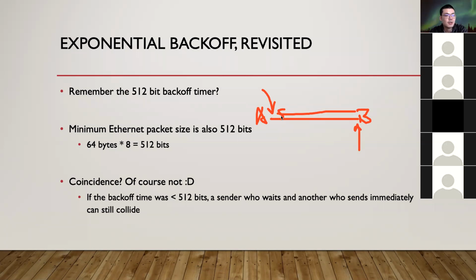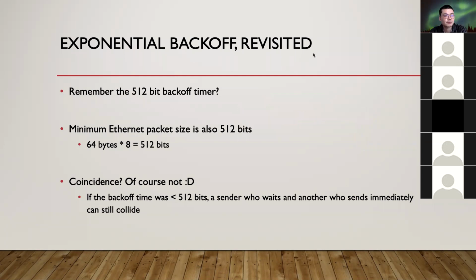If you don't allow enough time, your packet may already be out when you hear B. But if you have a minimum packet size, then the propagation time is covered, and you will hear that B is corrupting my packet, so you can retransmit this packet.